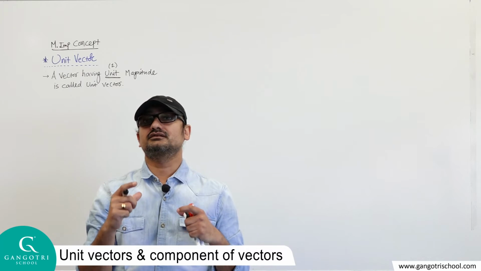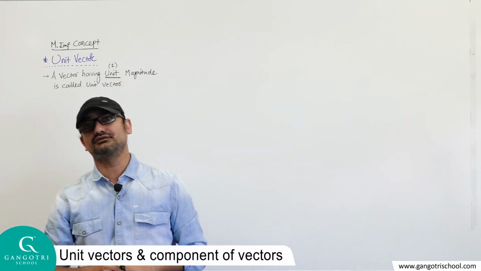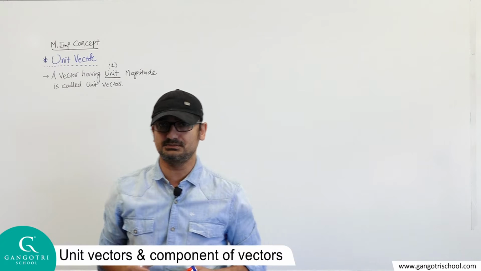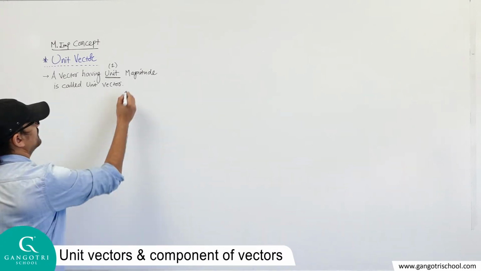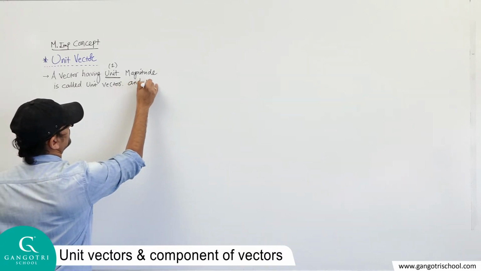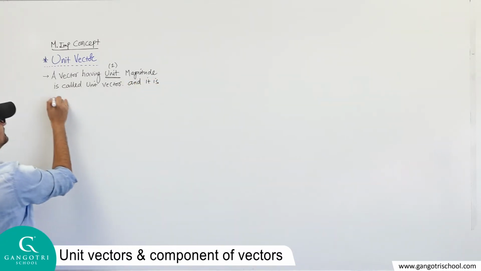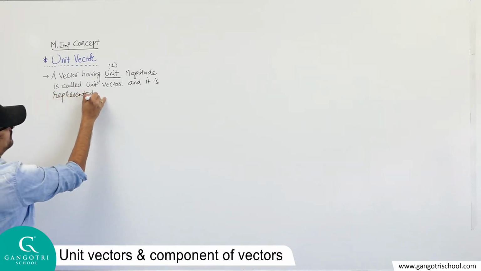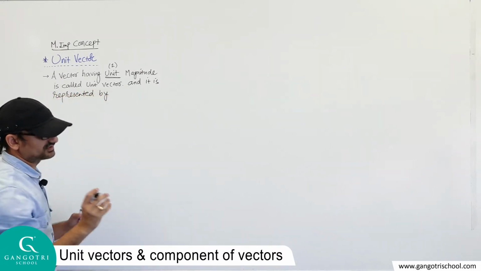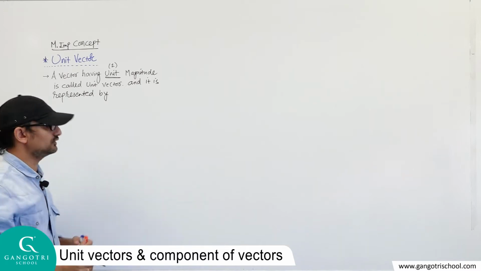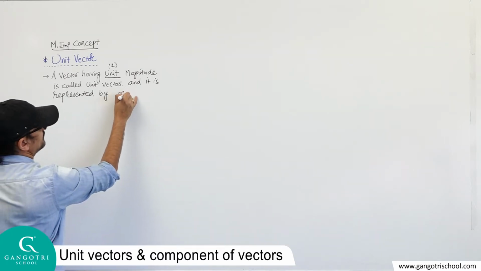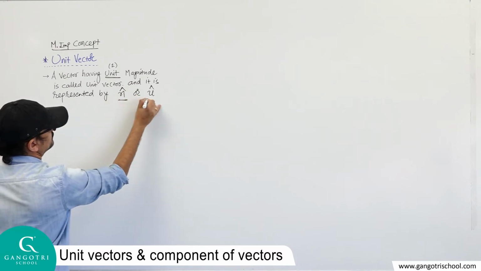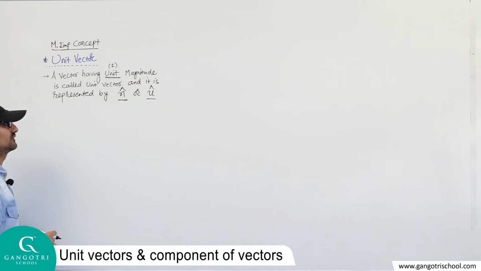Now its symbol. This word unit vector is specially represented by which symbol? It is represented by, now I'll write the symbol. How to read this symbol also I will tell you. These are the symbols of unit vector.